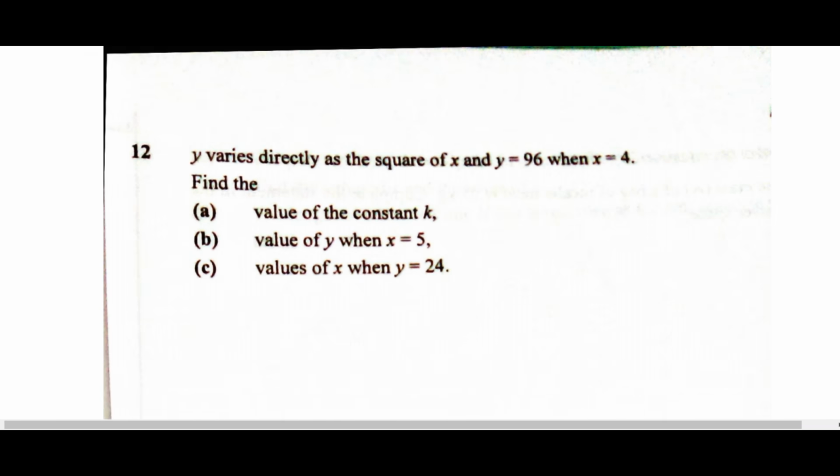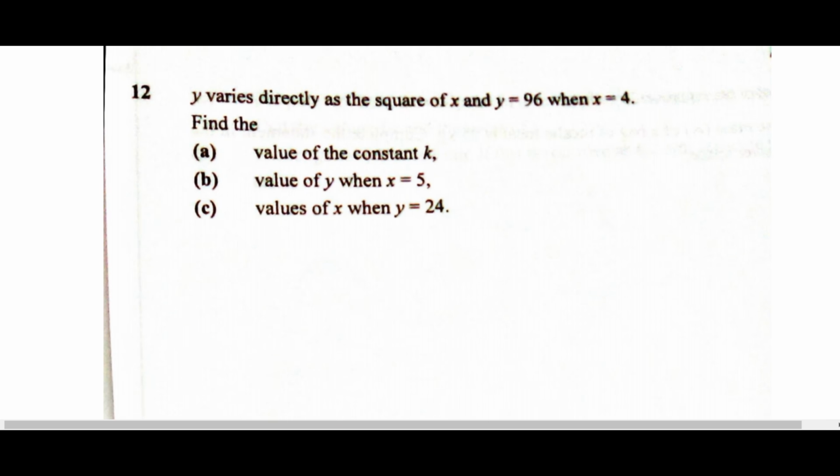Okay, so we move on to question 12. y varies directly as the square of x, and y is equal to 96 when x is equal to 4. Find the value of the constant k. So let's write the equation. y varies directly as the square of x, so x must be raised to the power 2. From there, we first have to make the equation of this particular information.